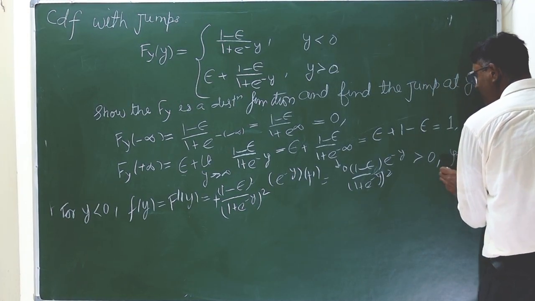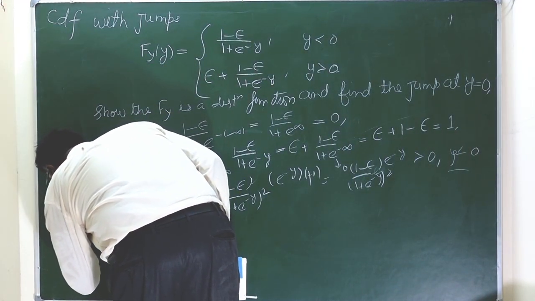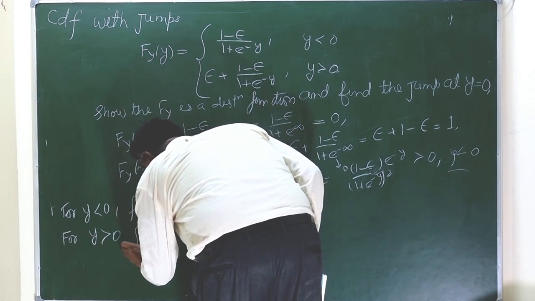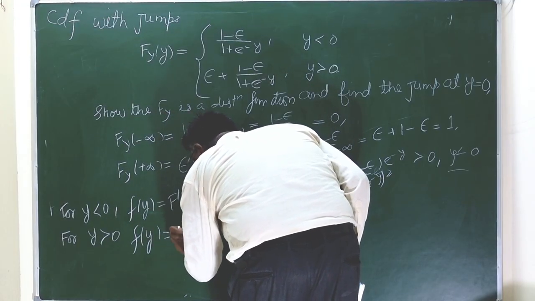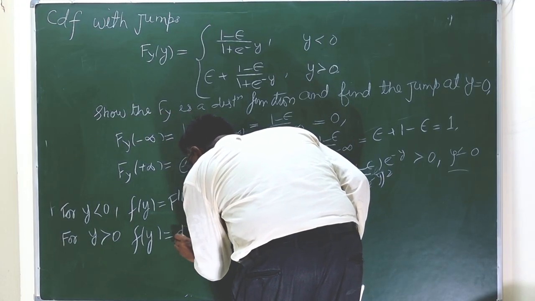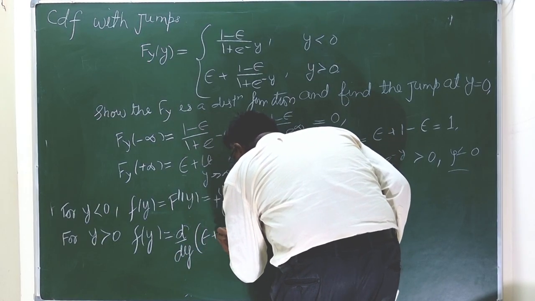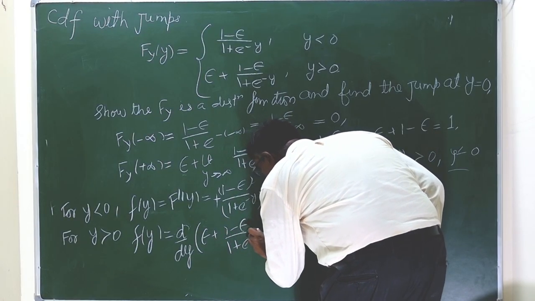Similarly, for y greater than 0, F of y will be the derivative of epsilon plus (1 minus epsilon) upon (1 plus e to the power minus y).